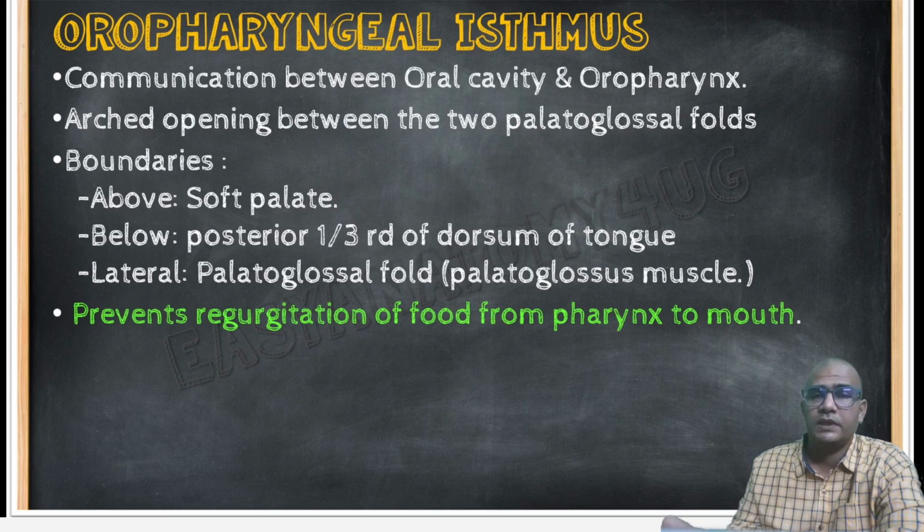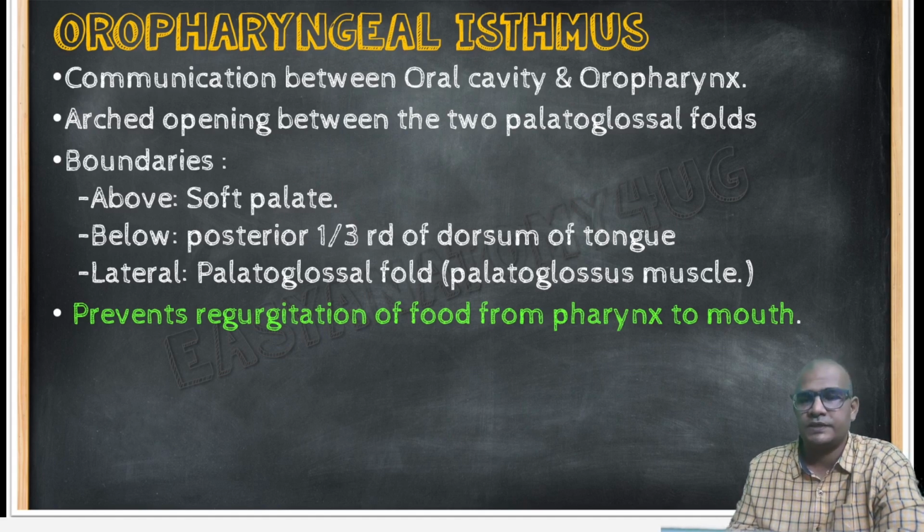And which isthmus prevents the passage of food into the nasal cavity? It is pharyngeal isthmus or nasopharyngeal isthmus, situated between nasopharynx and oropharynx. It prevents the passage of food from oropharynx to the nasopharynx. So these are the differences between oropharyngeal isthmus and nasopharyngeal isthmus.